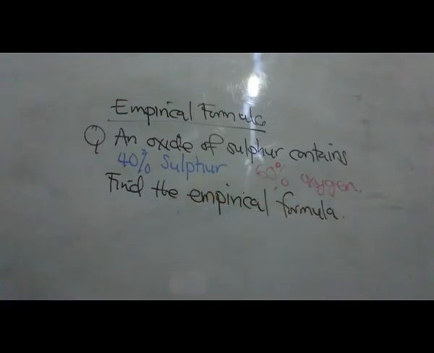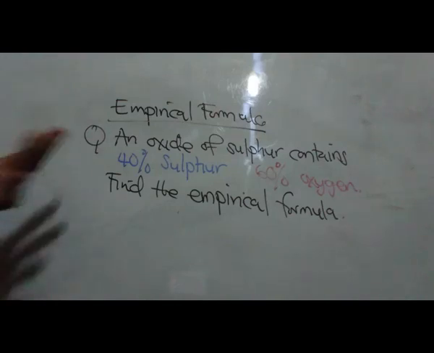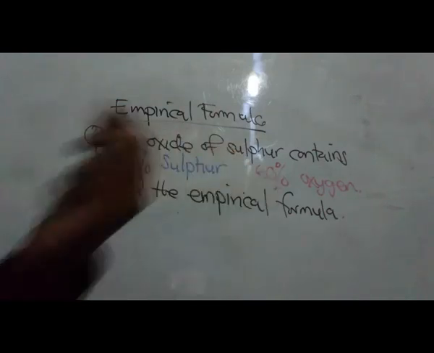Remember the other time when we wanted to find the empirical formula, we looked at the molar mass and divided it into the mass given, and then at the end we divided by the smallest number of moles, and we got the empirical formula. So that's the same method. The only thing that changes is the percentage.